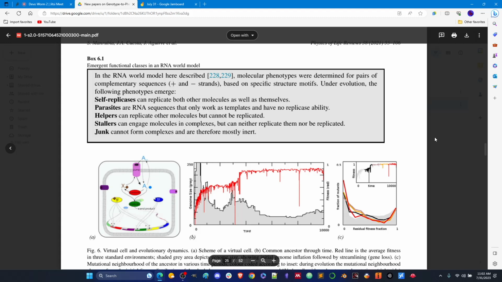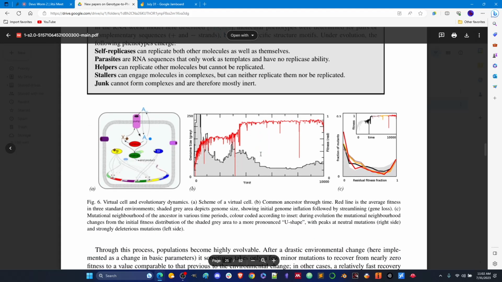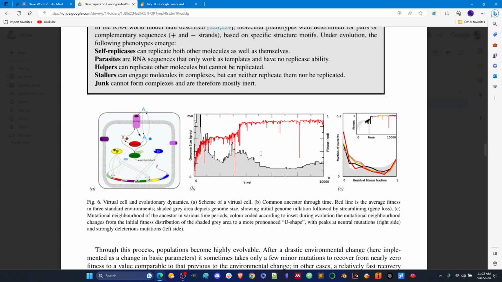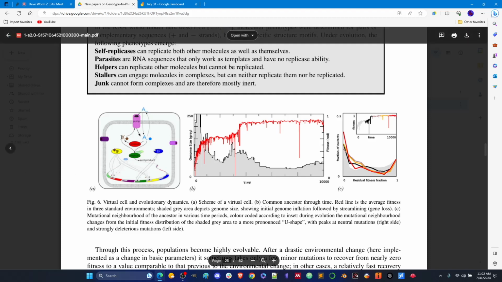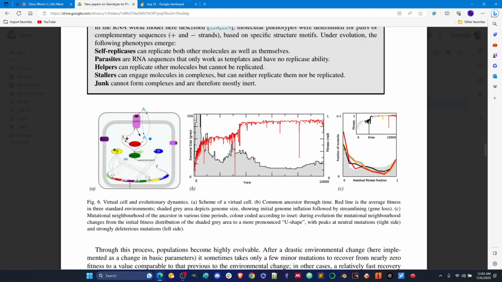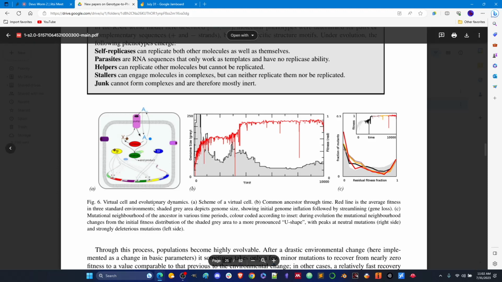But they're also building these virtual cells. And so they're trying to get a sense, I think, of what the virtual cell looks like. This is at the origin of life. So you're trying to build different classes of things that will fit into a functional network within the cell. Here you have a diagram of virtual cell and evolutionary dynamics.